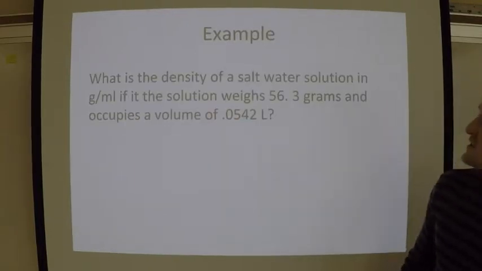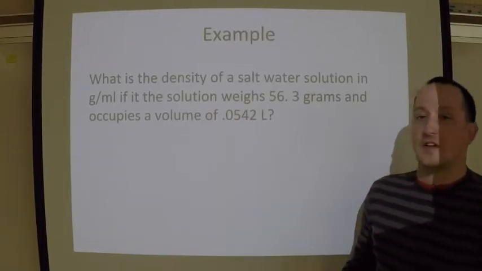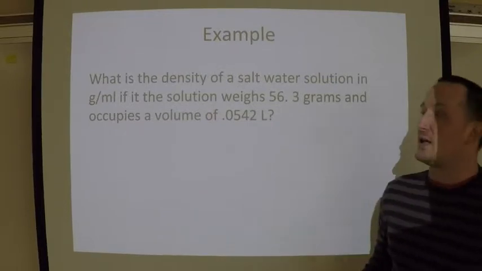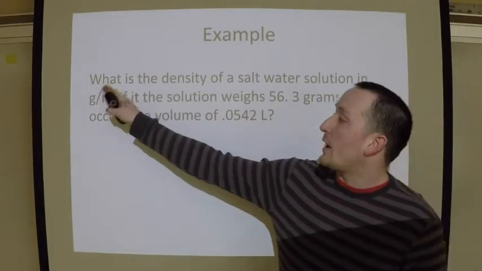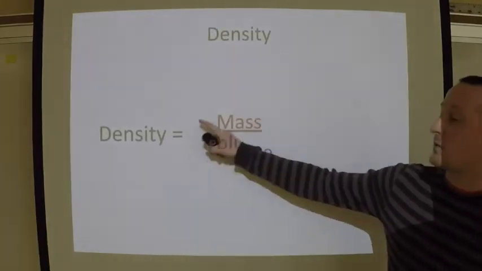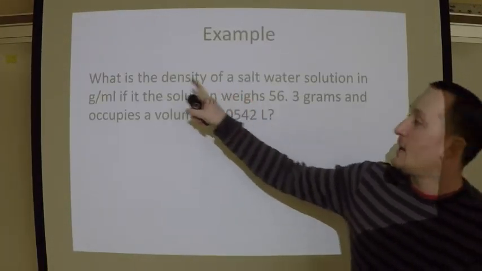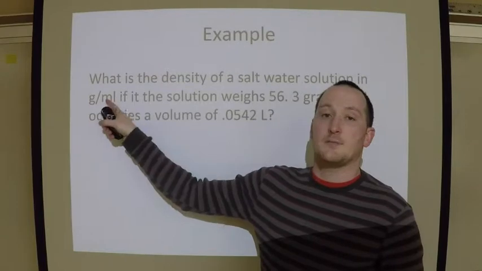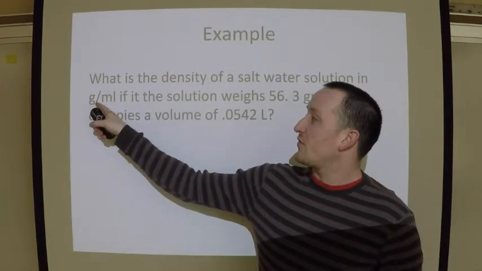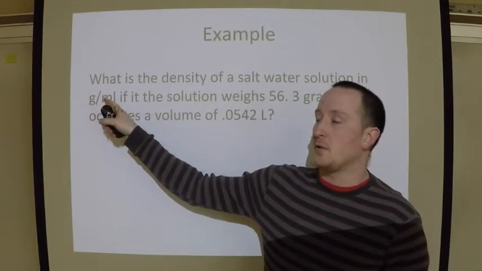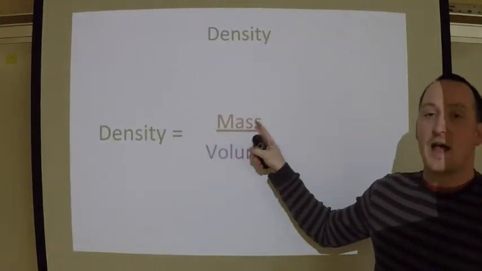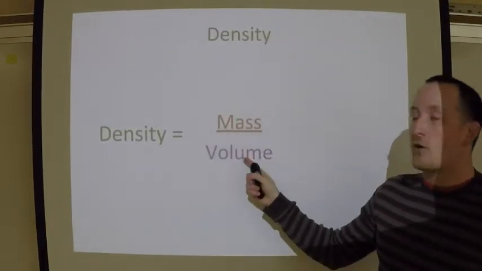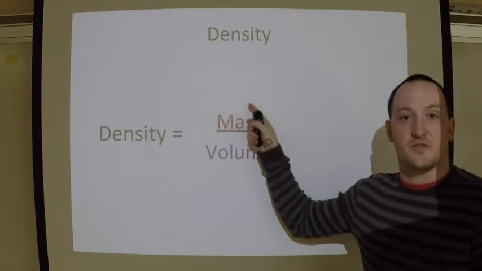Here's a problem. It says, what is the density of a saltwater solution in grams per milliliter? Here's what that means, and that's really important. Grams per milliliter means that if I'm going to use this equation, since it said my unit needs to be in grams per milliliter, and this slash means per, that means that my mass has to be in grams and my volume has to be in milliliters when I do this division.